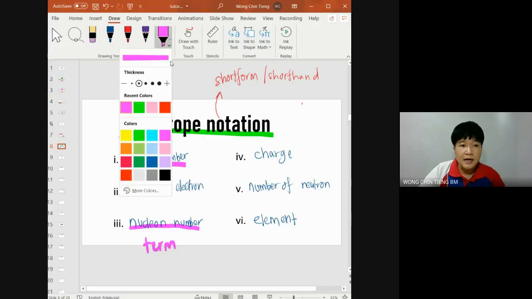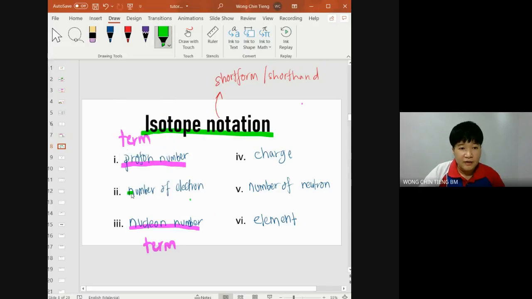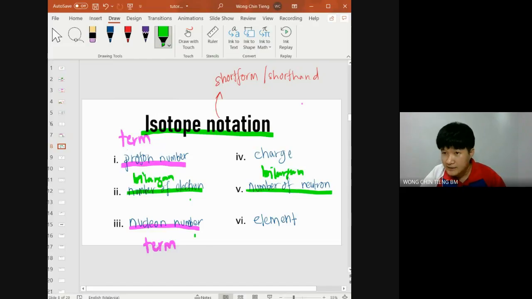Kalau dia adalah number of electron, number of neutron, diorang adalah bilangan. That is a bilangan. Kita kira dia banyak mana. Of course, proton number pun kita kira, nucleon number pun kita kira. Tapi, diorang more on term. Diorang adalah kata nama.